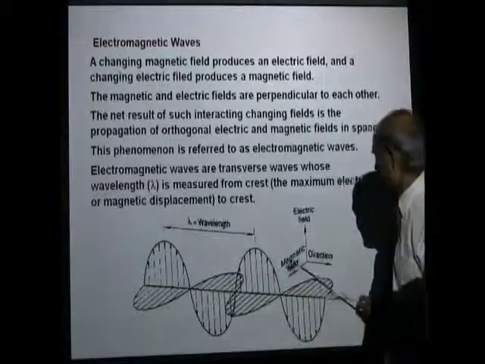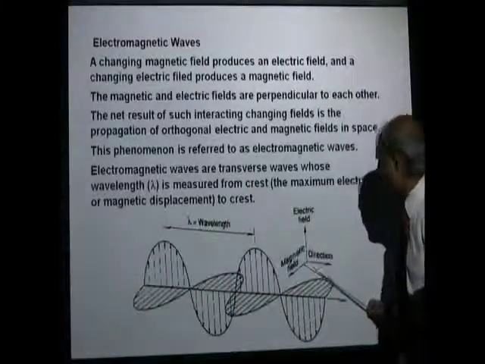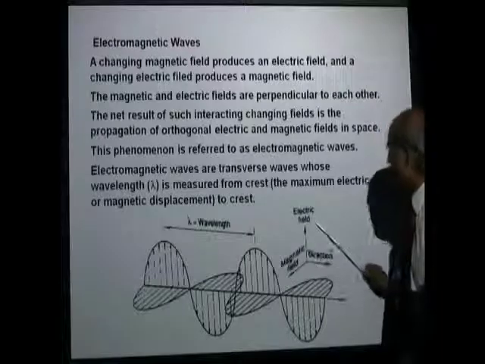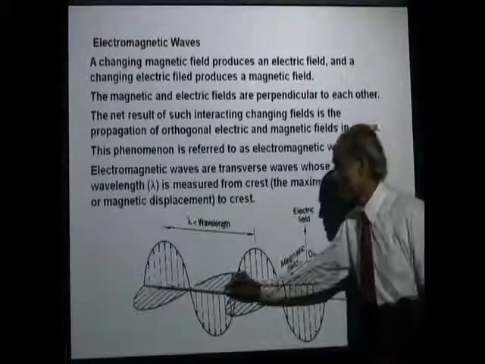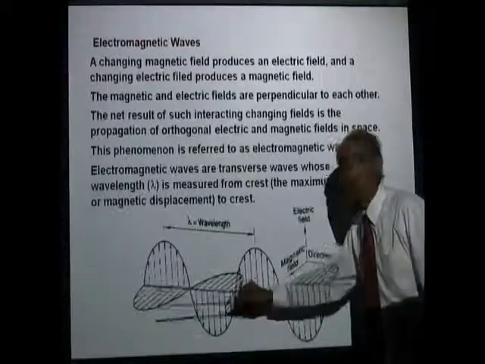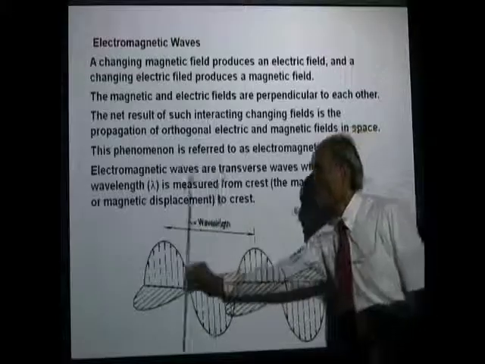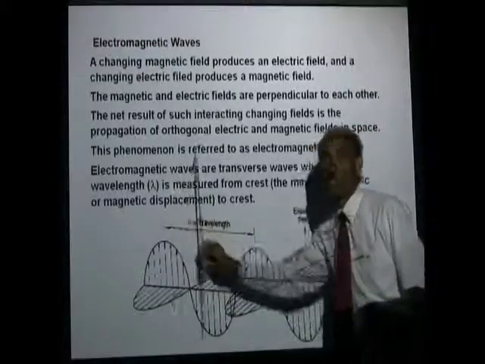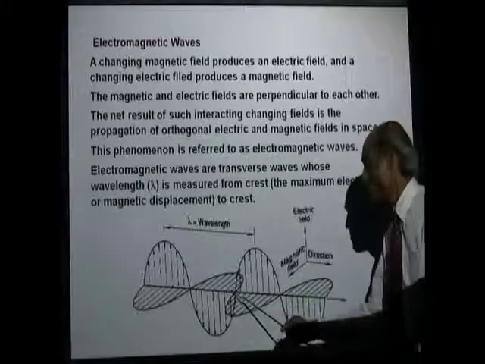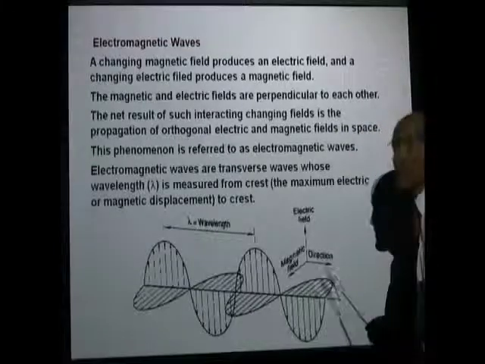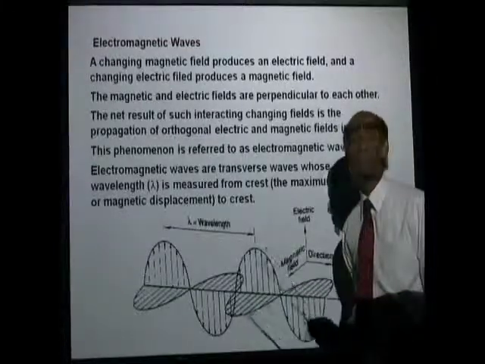If this is the magnetic field, that is the electric field. So the magnetic field is the horizontal vibration and the electric field is the vertical vibration. And look at the direction of propagation. The direction of propagation is at right angles to both these.